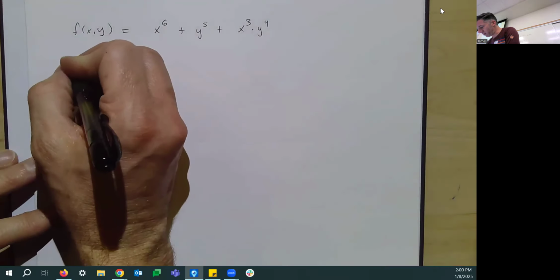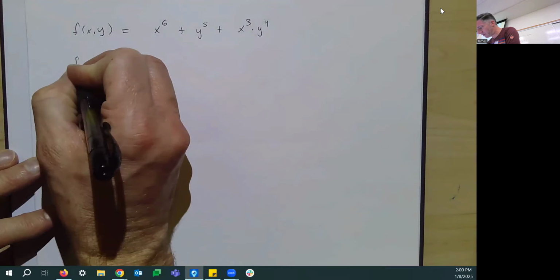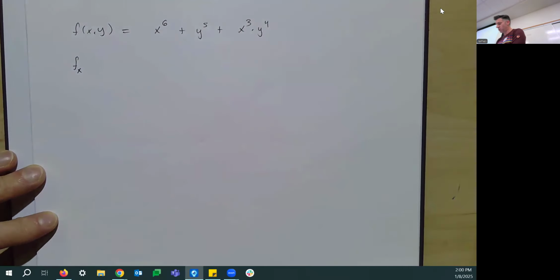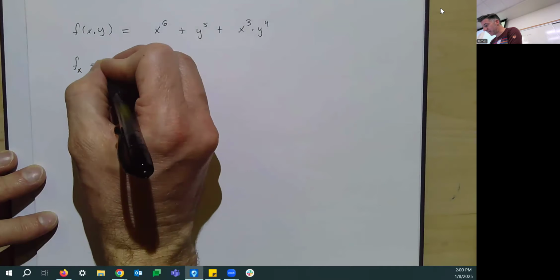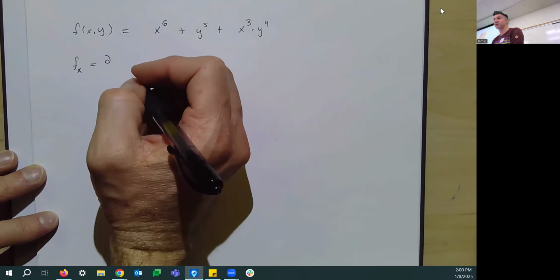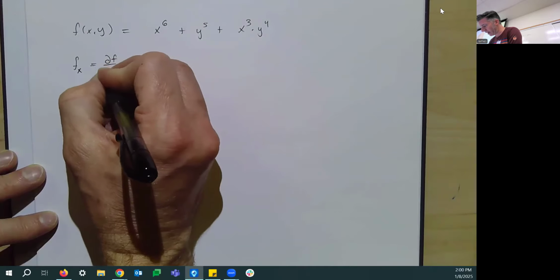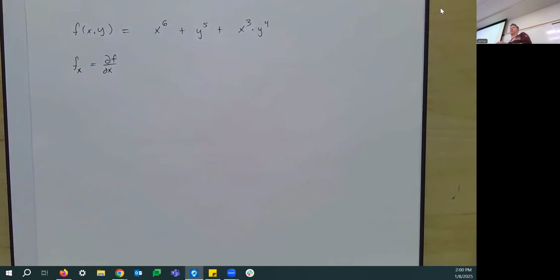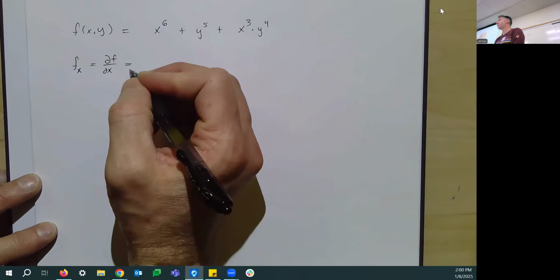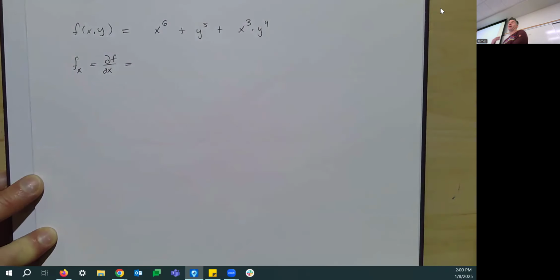The partial derivative with respect to x, which we either write as f sub x, or del, which is a curly d, not an actual d, del f, del x. It's kind of like the difference between the prime notation and the Leibniz notation. We treat x like the variable, we treat y like a constant.